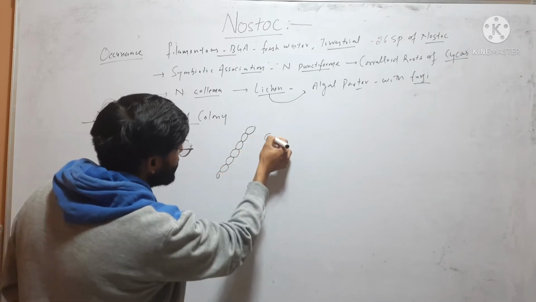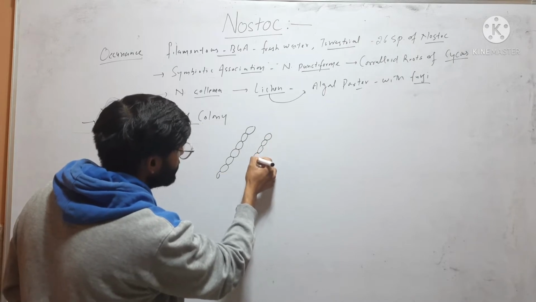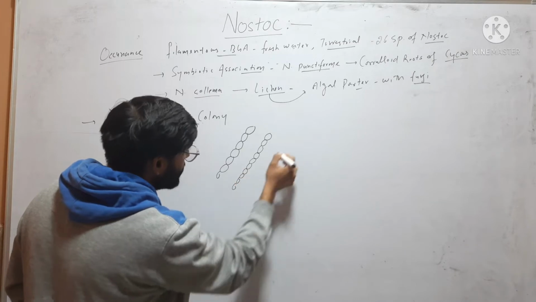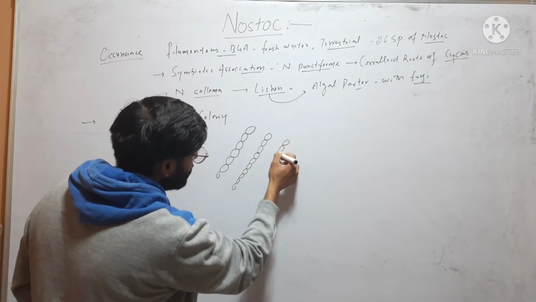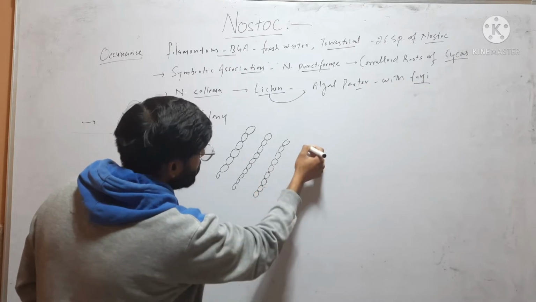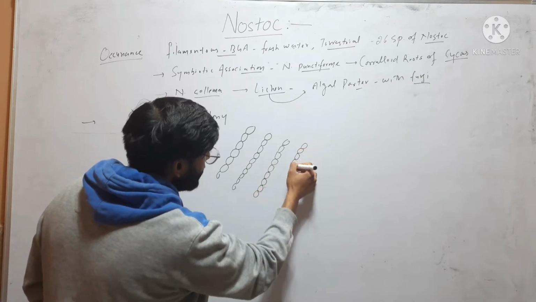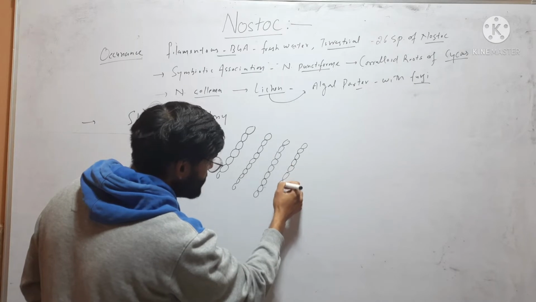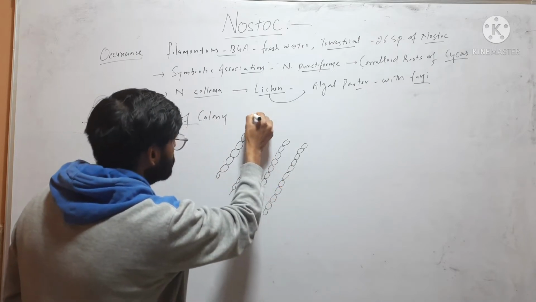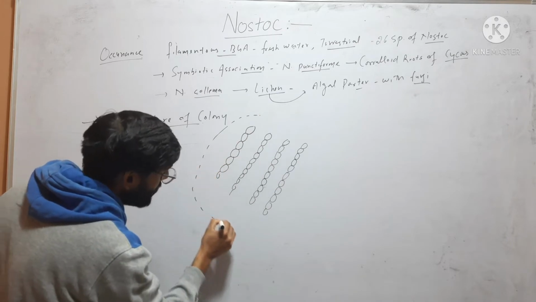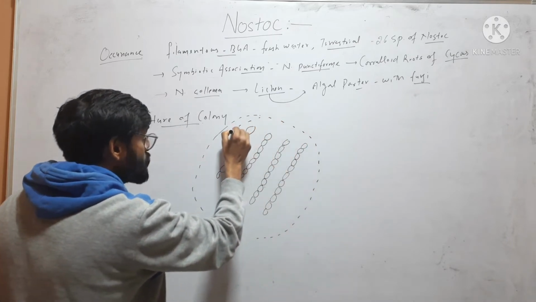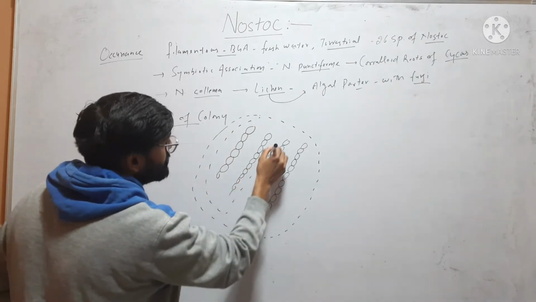Many rounded cells are attached with each other, or in other words, there are many filaments which are entangled in a common mucilaginous sheath.